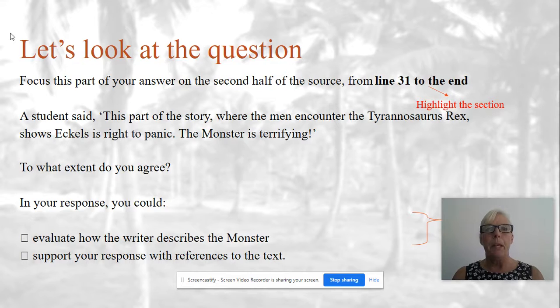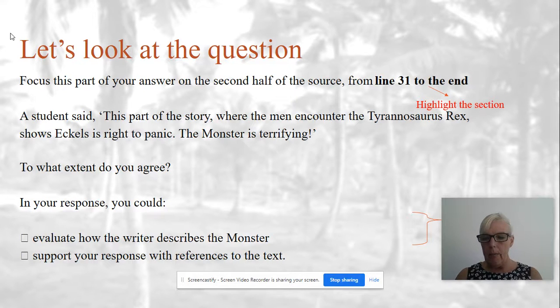So really important. And it will say a student said, or it might say a teacher said, this part of the story where the men encounter the Tyrannosaurus Rex shows Eccles is right to panic. The monster is terrifying. Okay, so we need to think about the focus of our statement.